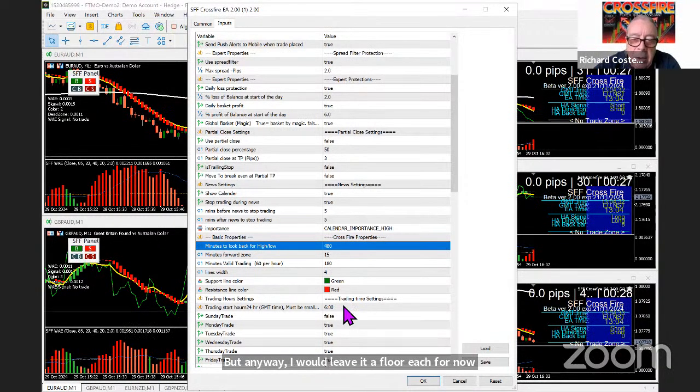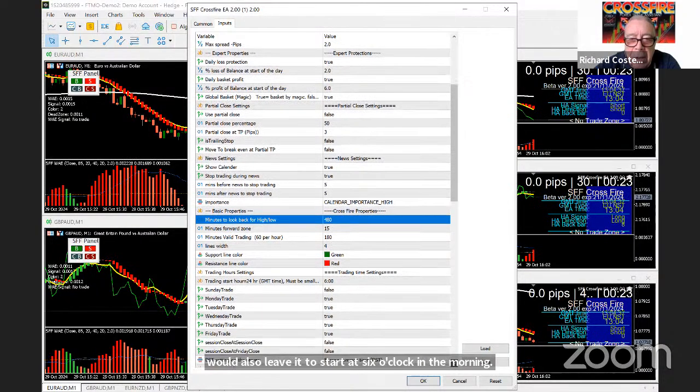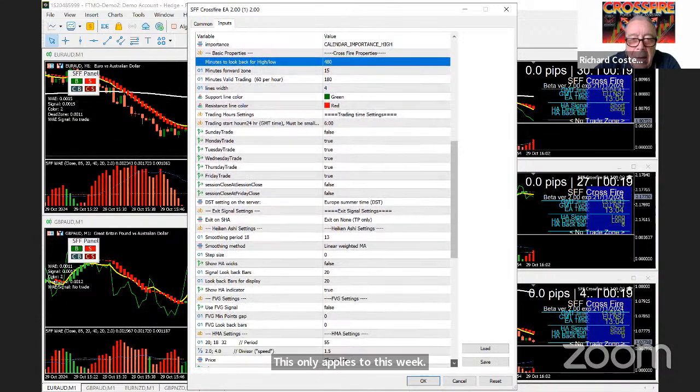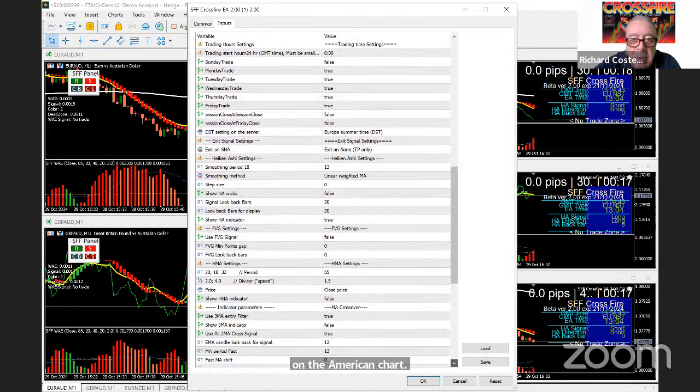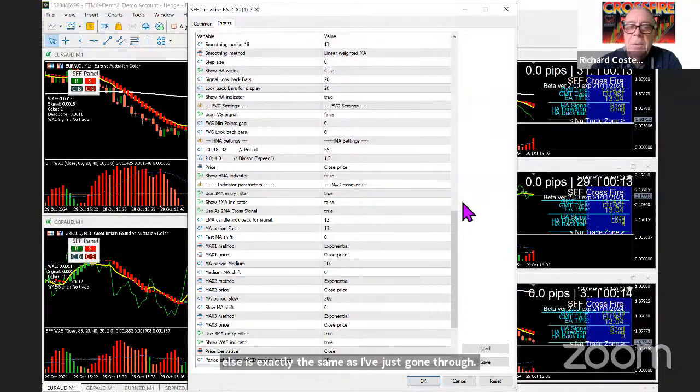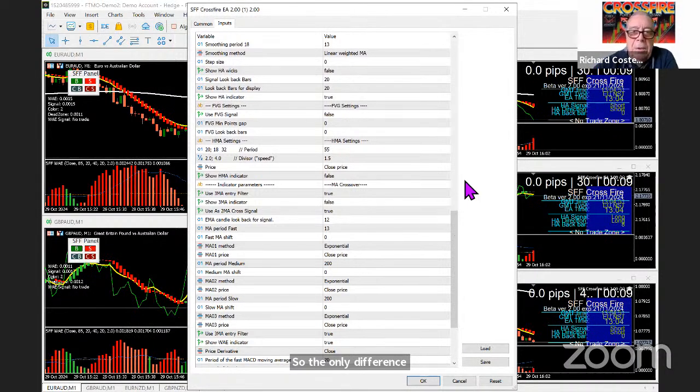I would also leave it to start at 6 o'clock in the morning. It only applies to this week on the American chart. Everything else is exactly the same as I've just gone through. So the only difference is the stop loss and the start time.